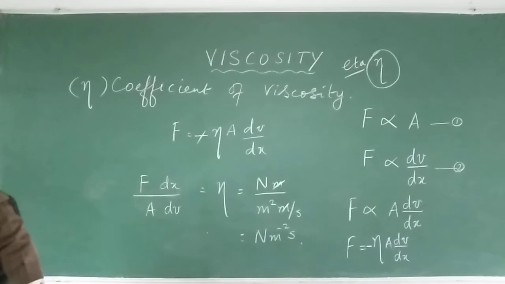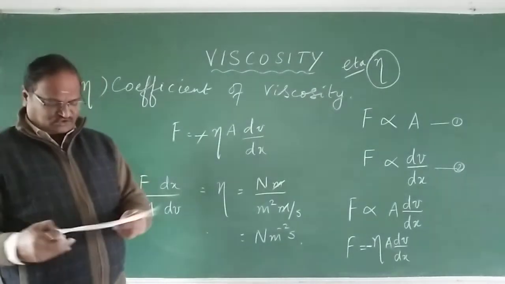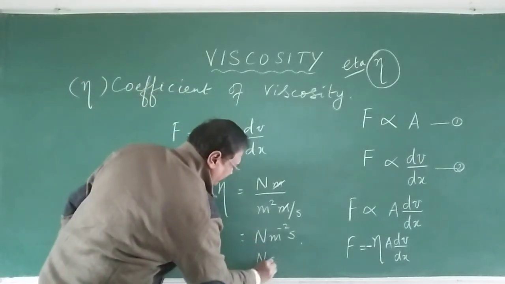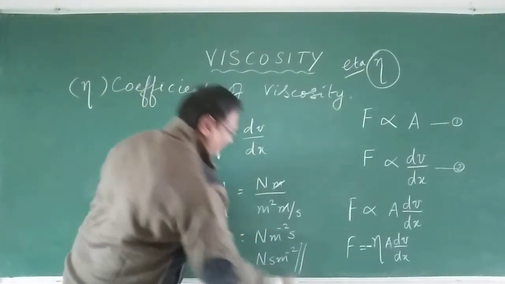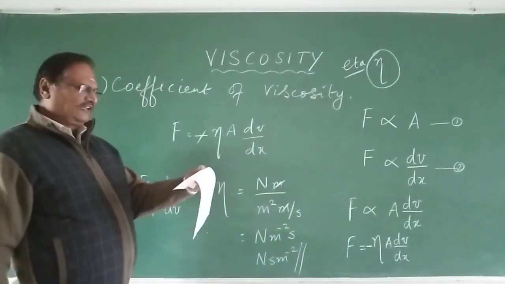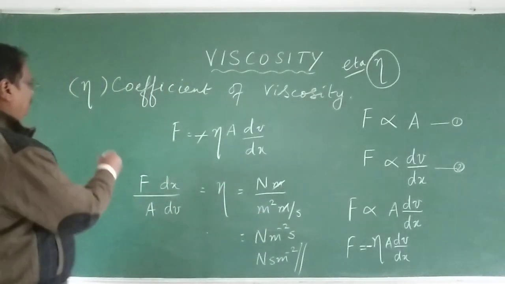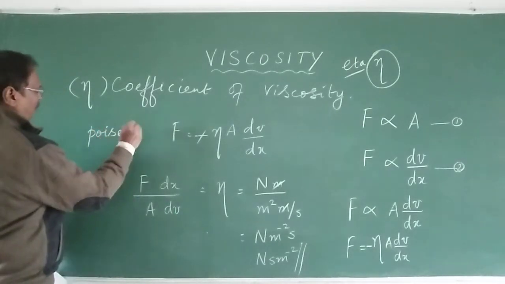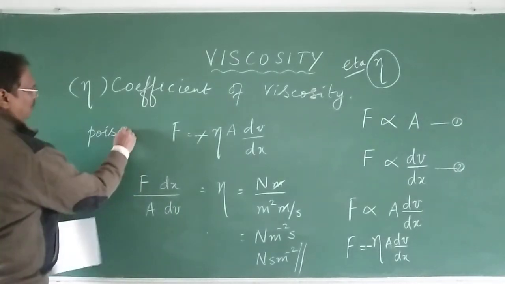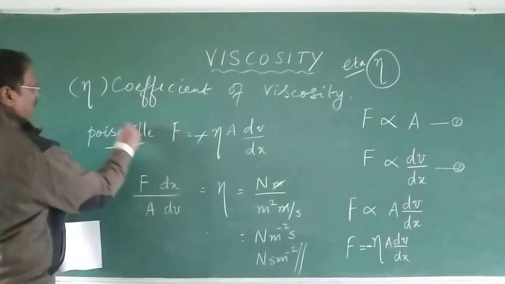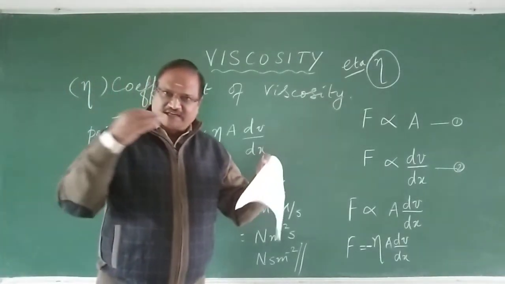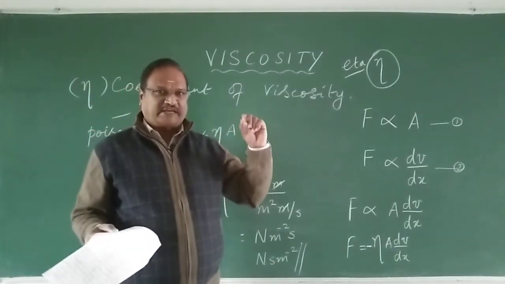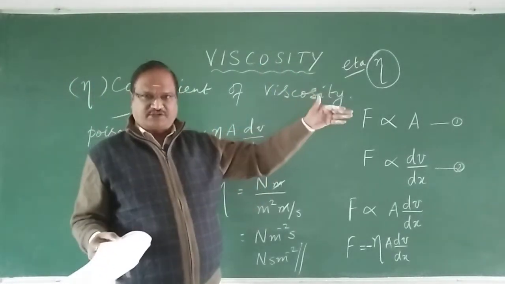Once again, let me cross-check it with my reference, right? Newton second per meter square, right? This is called Poiseuille. Poiseuille is a scientist who studied the rate of flow of liquid through thin tubes, capillary tubes, which I will teach you in the next discussion.